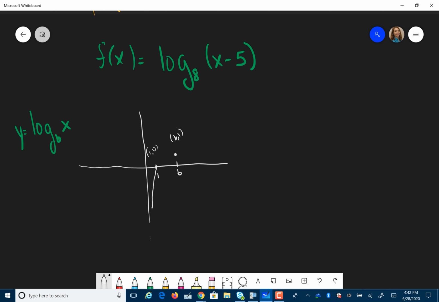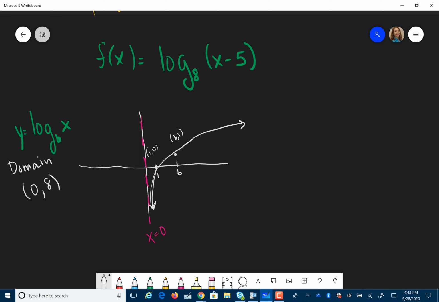Logs generally look like this, with the asymptote that we've mentioned before, right here, x equals 0. And so the domain in general is going to be 0 to infinity.